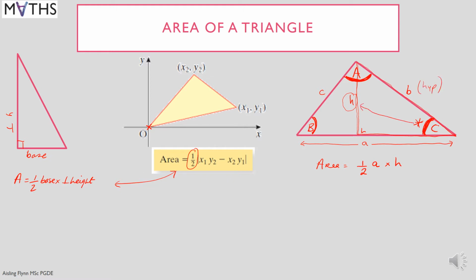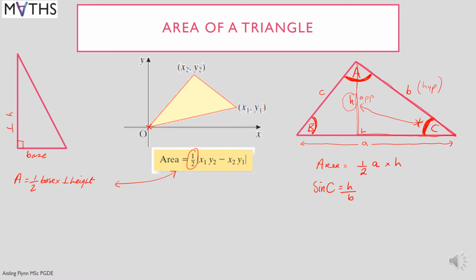Okay, and H is opposite angle C. So there we're talking about opposite and hypotenuse. If you think back to your ratios, when we have opposite and hypotenuse, we can use the sine ratio. So we can say that sine of the angle C is opposite, which is H, over hypotenuse, which is B.